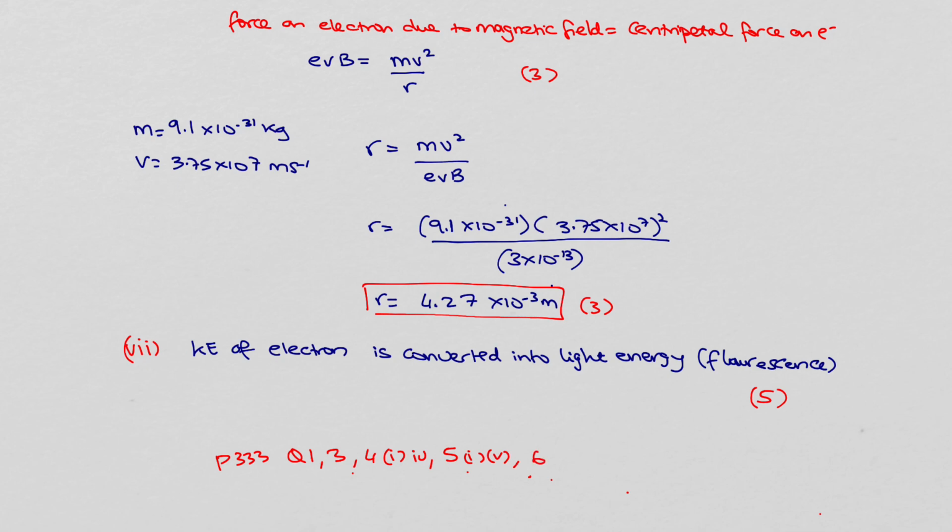Question 6, identifying the particles. 8, 9, and again 10, identifying the particles. And then question 11 is a nice one, so looking at the charge to mass ratio. So J.J. Thomson's experiment there.